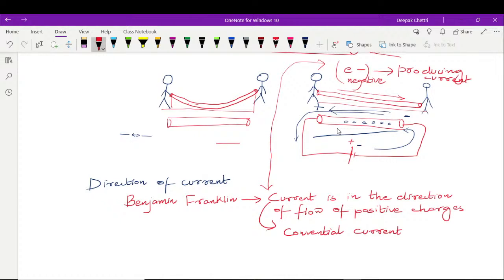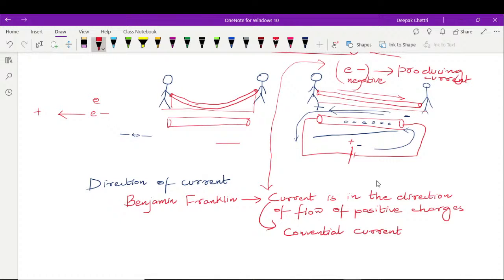It may appear as if these two definitions are contradicting, as if they are opposite, but that is not the case, right? Why? Because inside this conductor, if the electron is going from right to left, the positive charge will go from left to right, because it will be opposite. If electron is going to the left, that means there is a positive here and negative here.